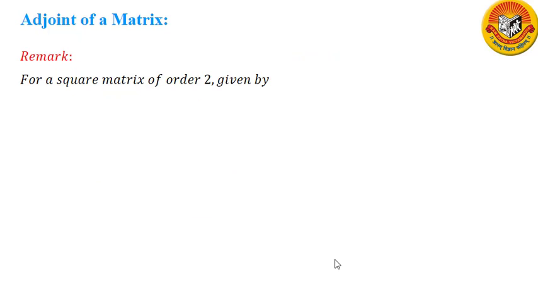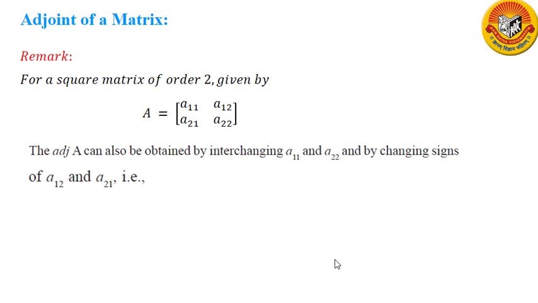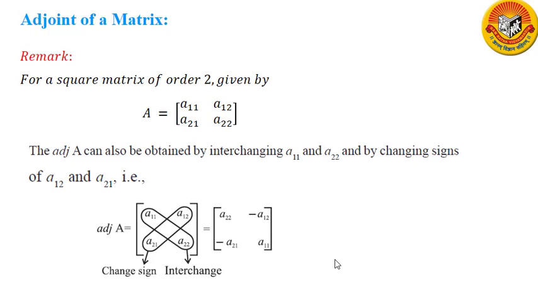For a square matrix of order 2 given by A is equal to A11, A12, A21, A22, the first method is that I will find cofactors and then the matrix of cofactors, and then I transpose the matrix of cofactors to get adjoint A. The other method is that I will interchange the positions of A11 and A22, and I will change the sign of A12 and A21, and by this also I will get the adjoint.